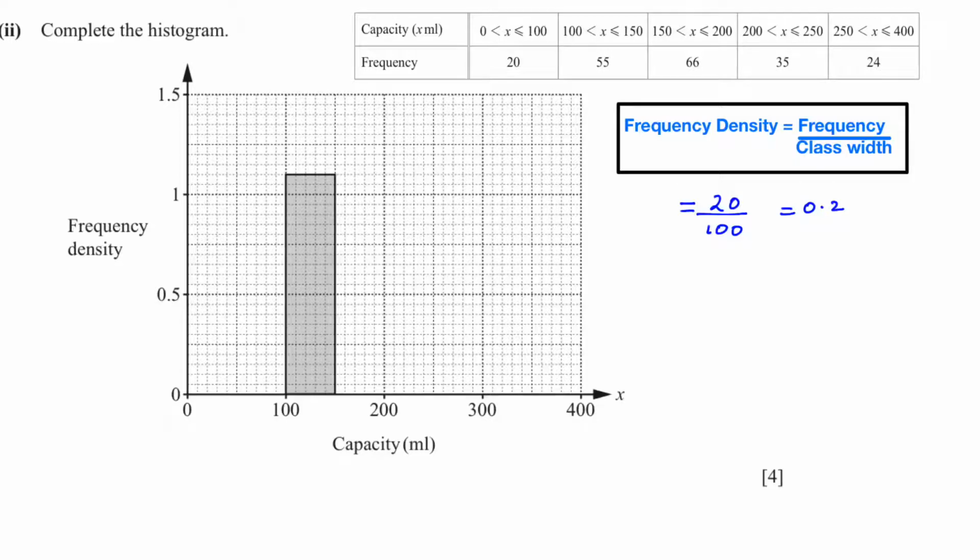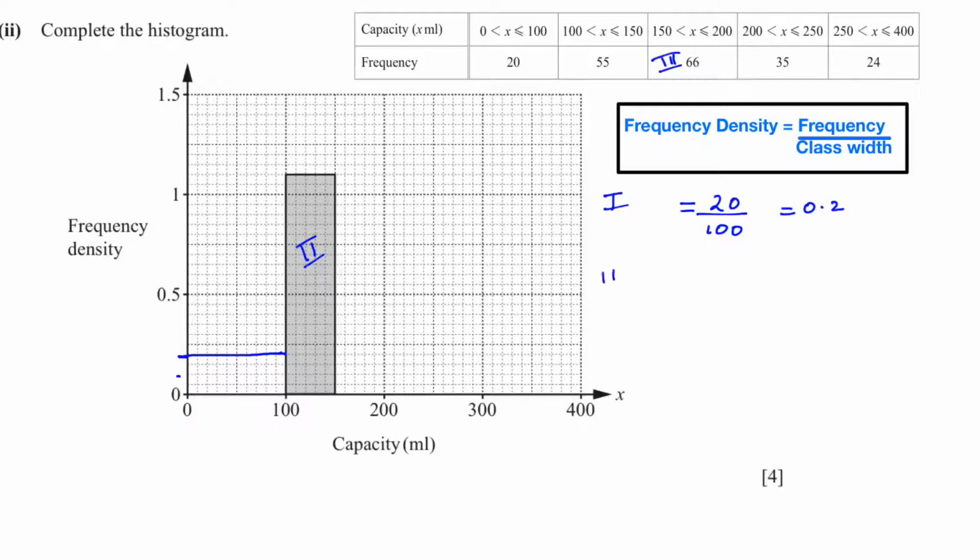Each two lines represents 0.1. So 0.2 is going to be here, and from 0 till here, this is your bar. This is your first bar. The second bar has already been done for you, and now the third one.